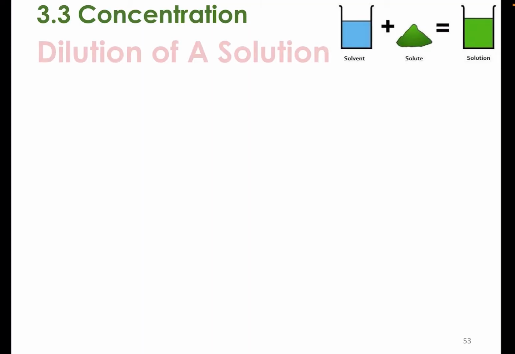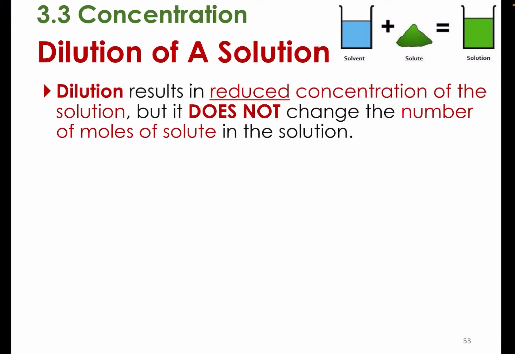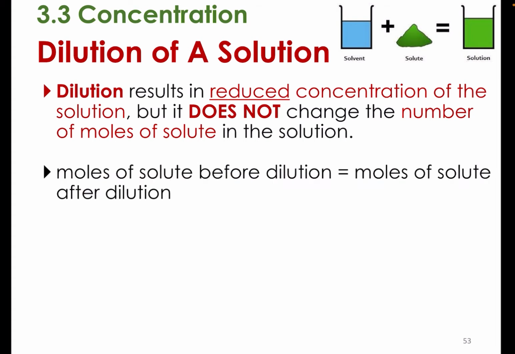For dilution of a solution, it means that you will reduce the concentration of the solution. However, the number of moles of solute in the solution does not change. So what you should understand is that moles of solute before the dilution is equal to the moles of solute after the dilution.